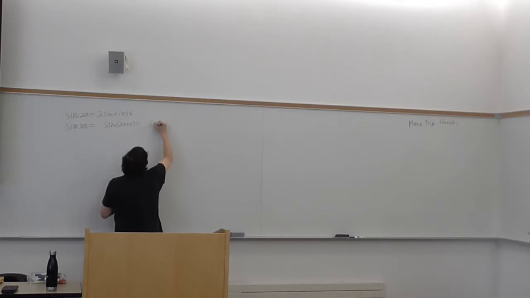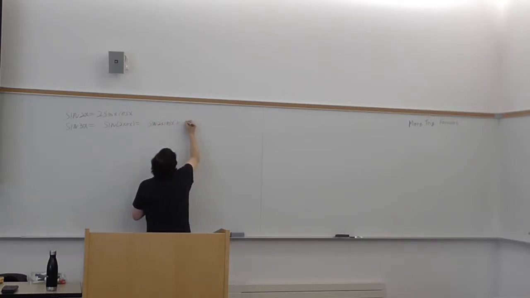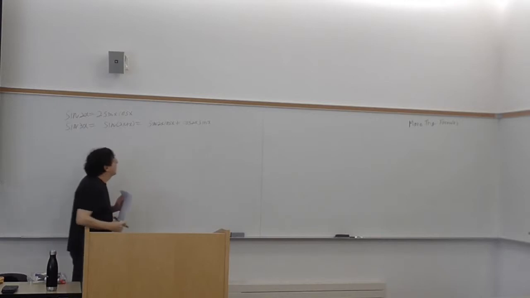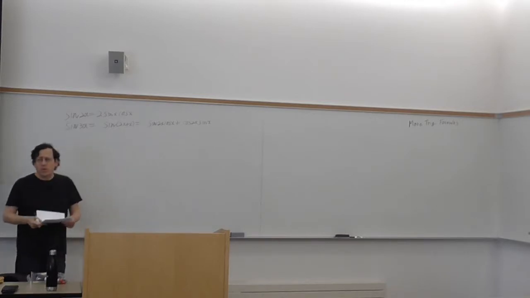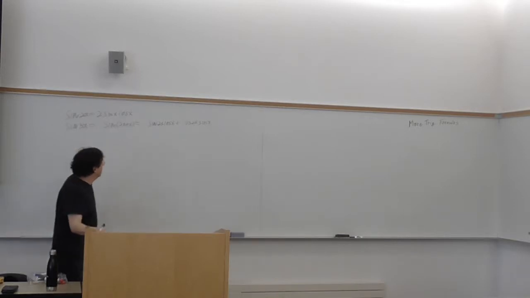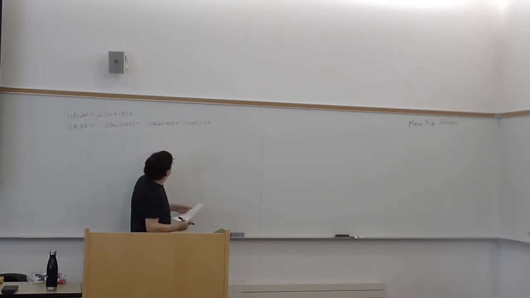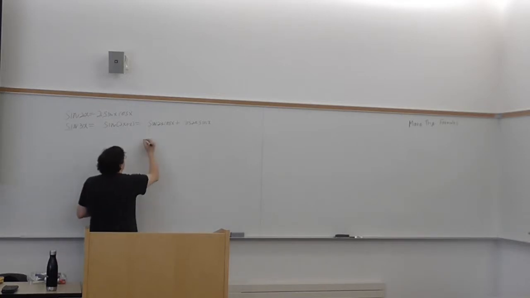So that's sine of 2x cosine x plus cosine of 2x sine of x. Well, okay, it's not quite where we want to get to yet, but sine of 2x and cosine of 2x also have formulas, right?